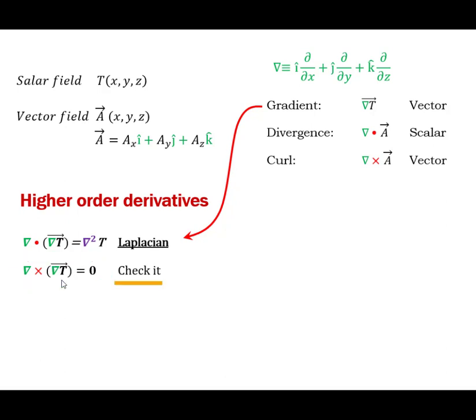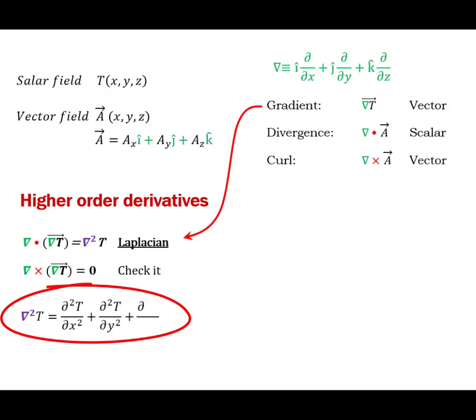You can check it by taking any random scalar field. The divergence of a gradient is another quantity known as the Laplacian of the scalar field. The Laplacian of the scalar field is given by this expression, in which what you will have to do is take the double derivative of the scalar field with respect to x, y and z, and then add all these things.